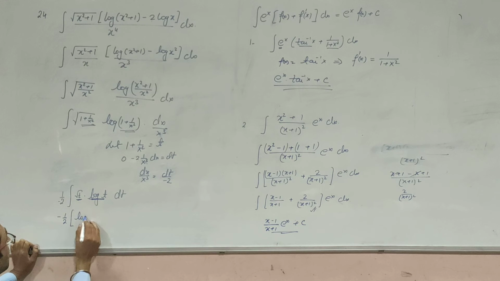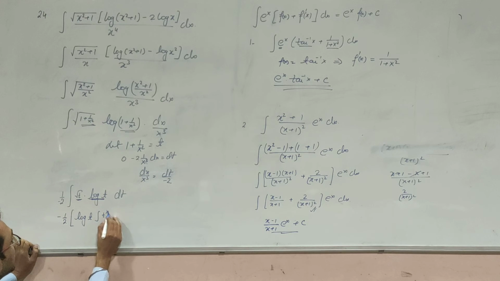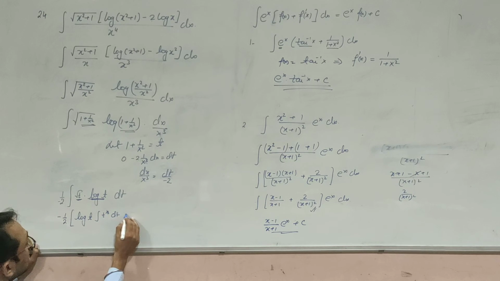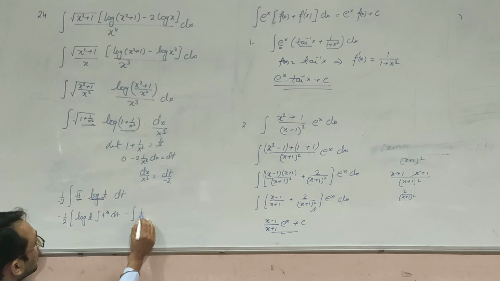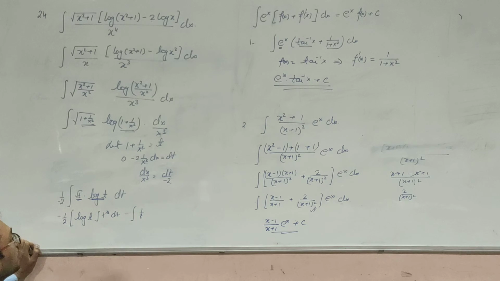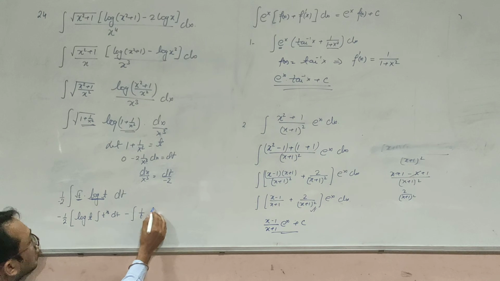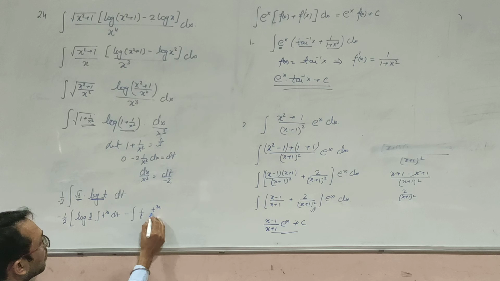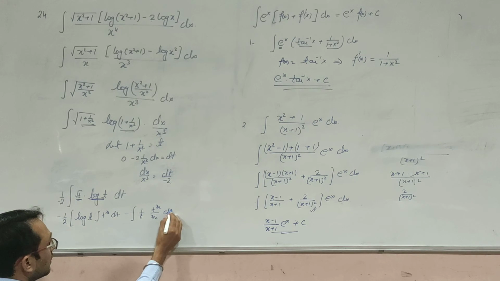First function is log t, integral of root t, that is t to power 1 by 2 dt, minus integral differentiation of log t will be 1 upon t into integral of root t is t to power 3 by 2 upon 3 by 2 dt.